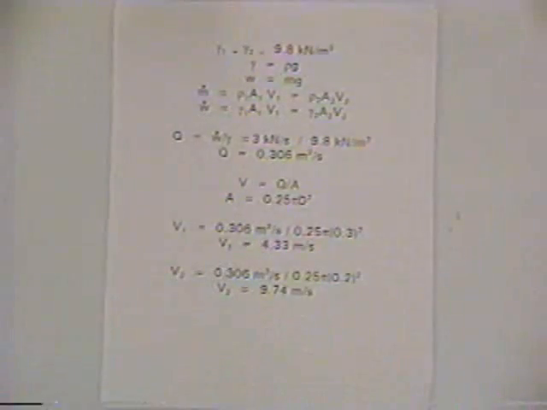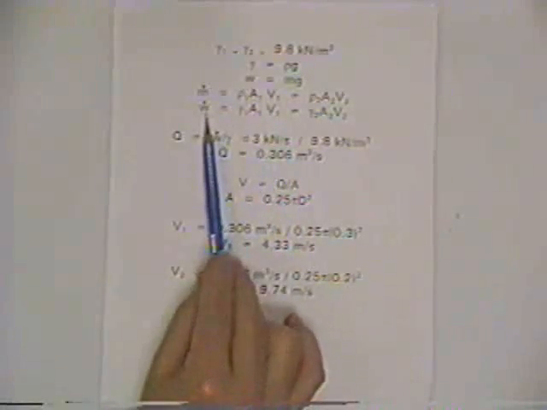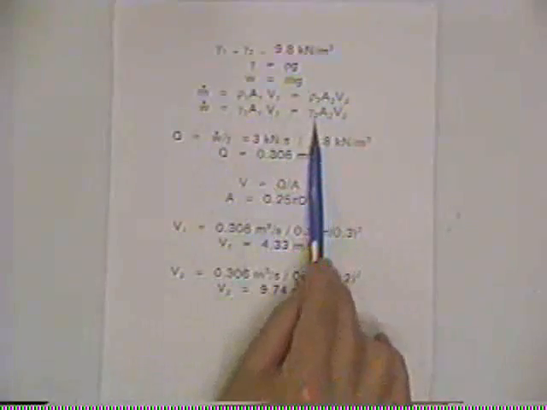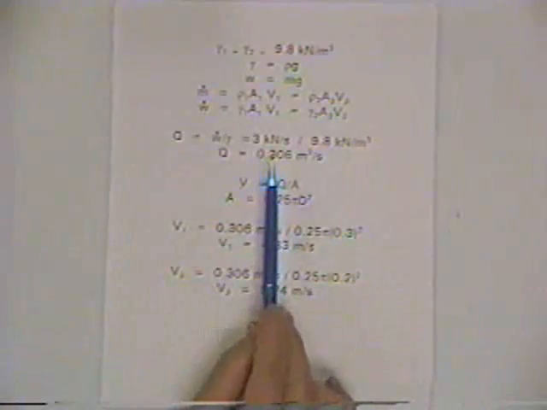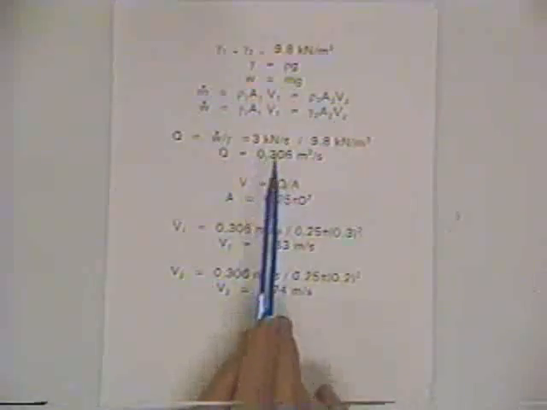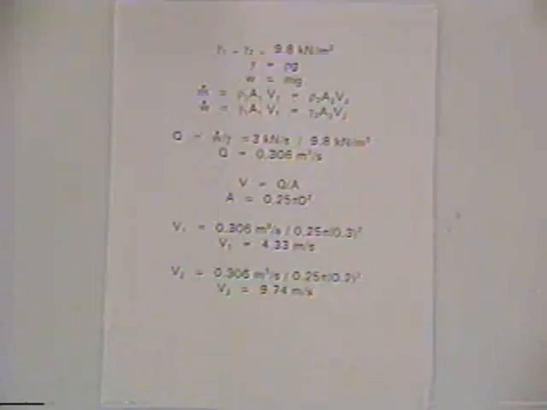But really that's the same thing as writing that the weight flux is just the unit weight times the volume at the two sections, and we can write it that way because we're actually given in this problem, we could have been given the mass flow rate, but we were given the weight flow rate of 3 kilonewtons per second.